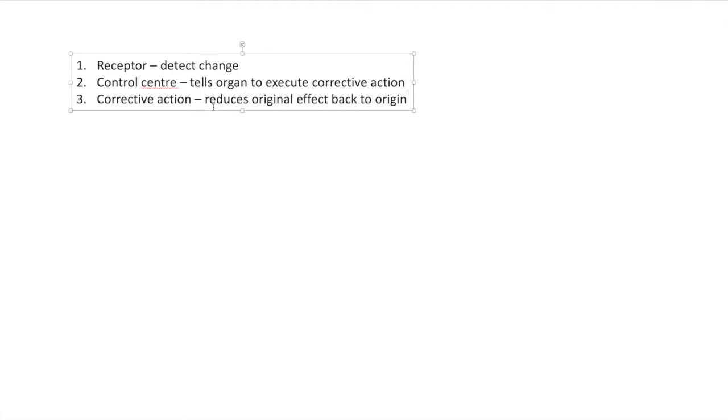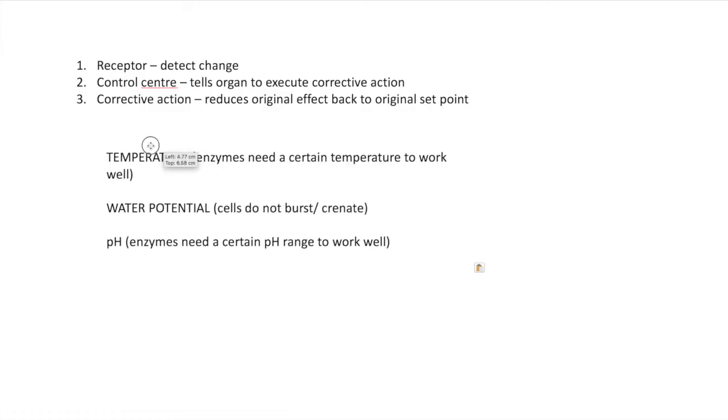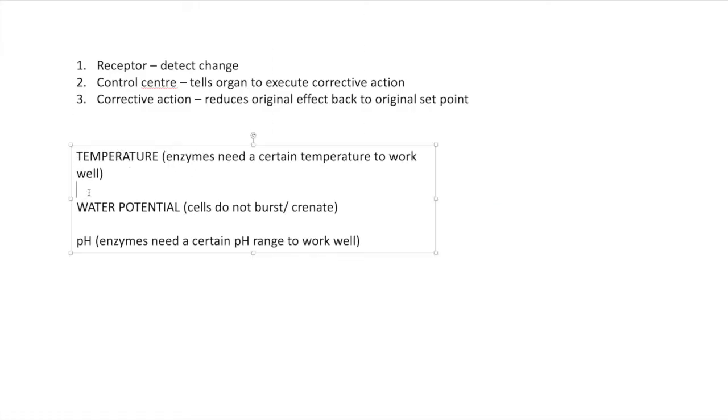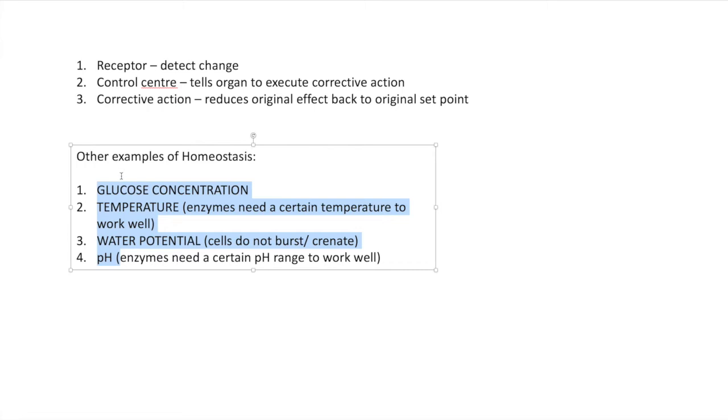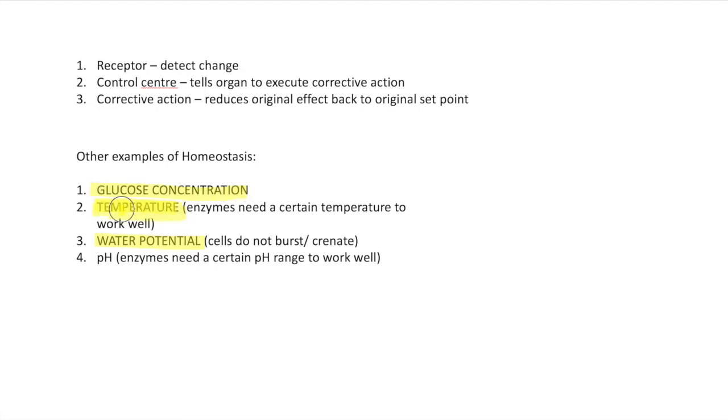Therefore, the corrective mechanism will stop. If you have been watching earlier videos, you would have come across other examples of homeostasis, for example blood glucose concentration, and also water potential, regulating water in the blood. And for this chapter, we'll be mainly talking about regulating body temperature.